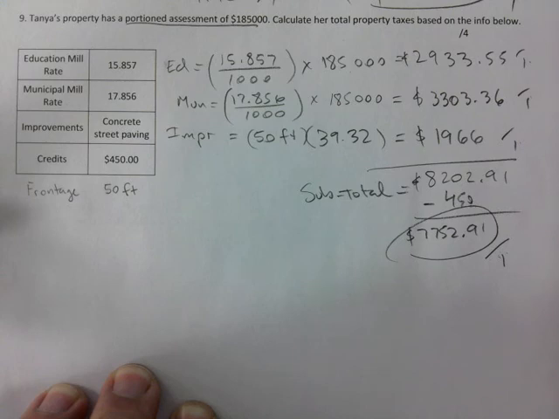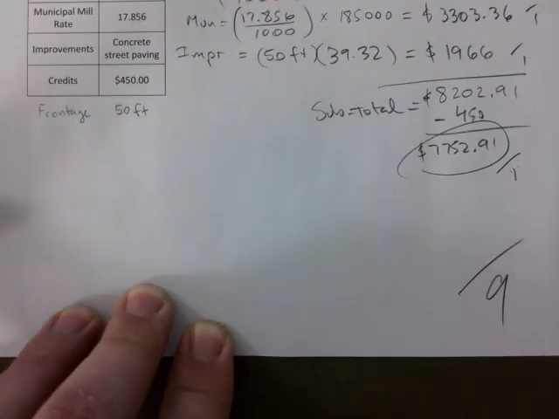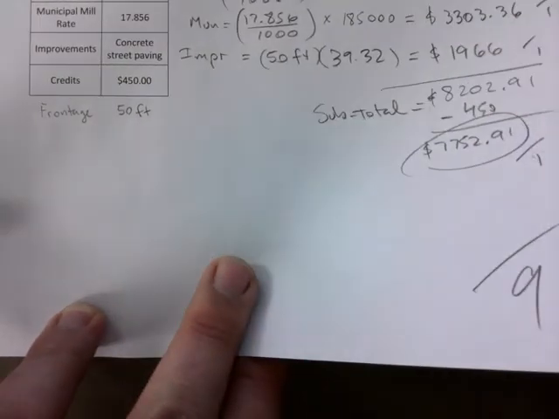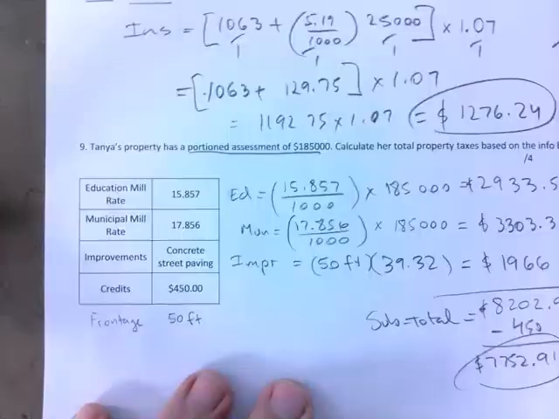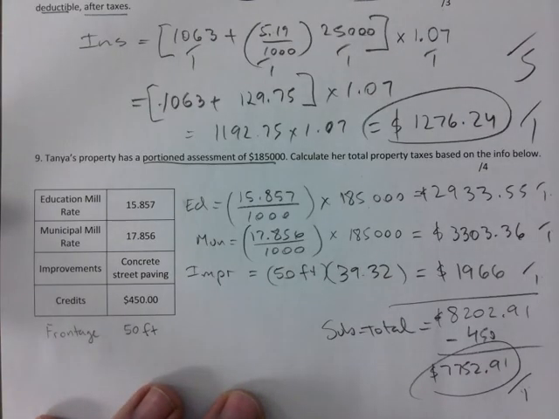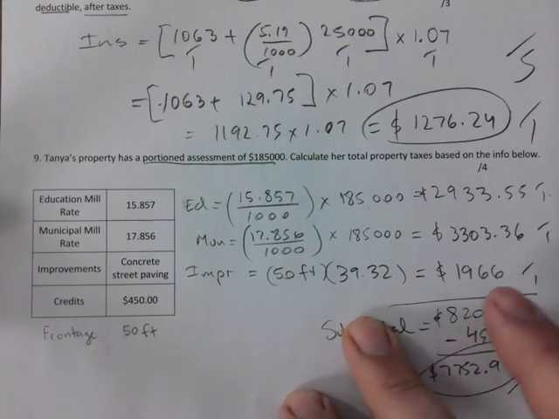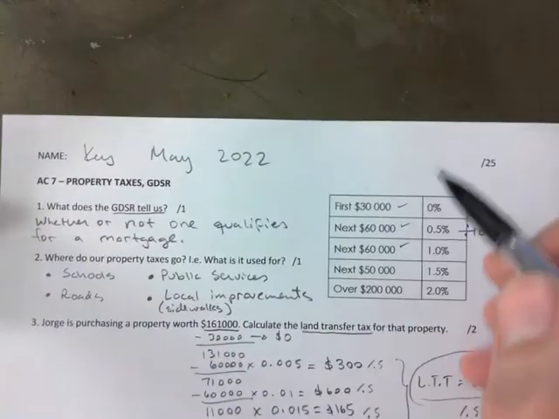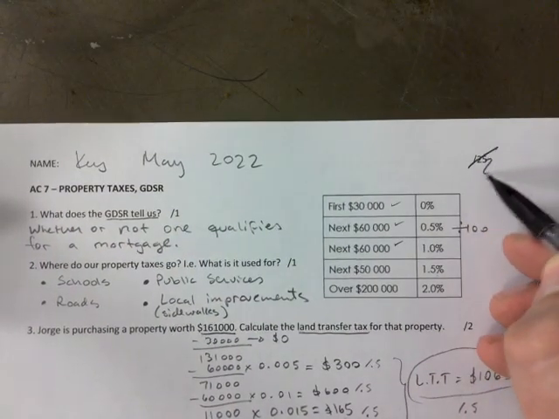So 5 and 4, that's 9. 9 for this page. 9 and 19, that's 28. 28 total. So make this out of 28.